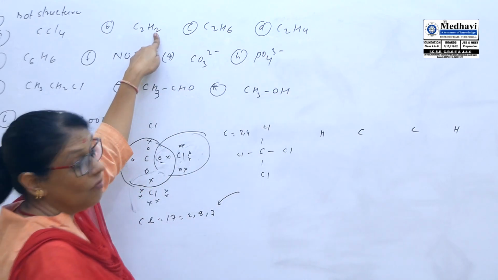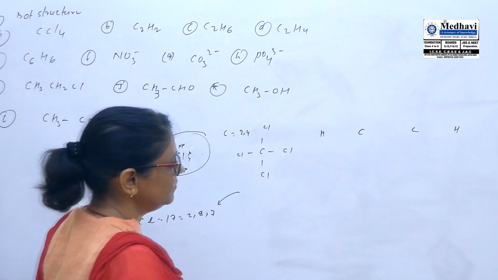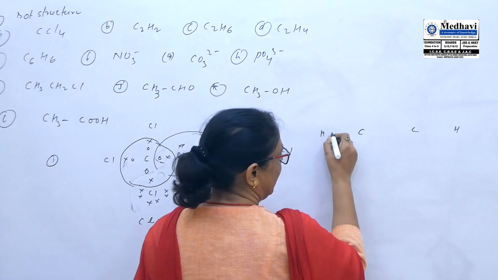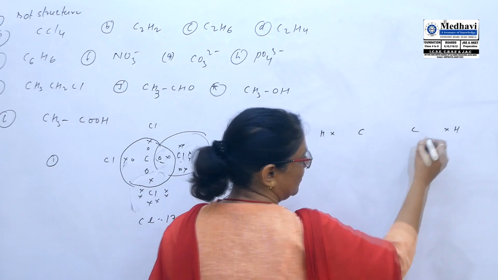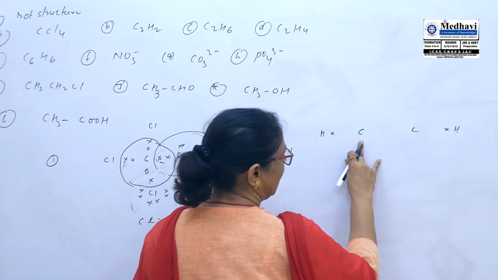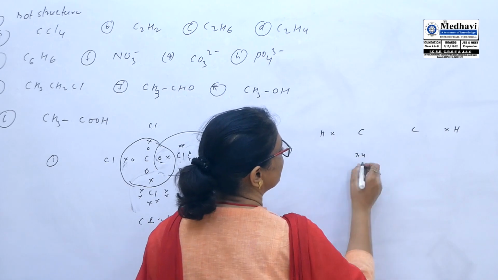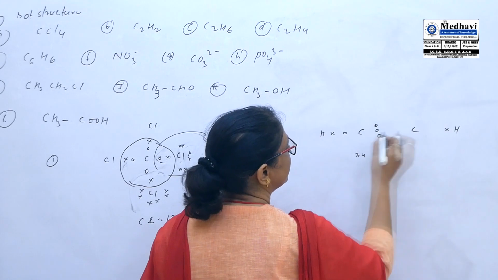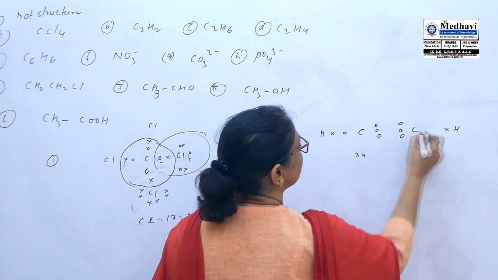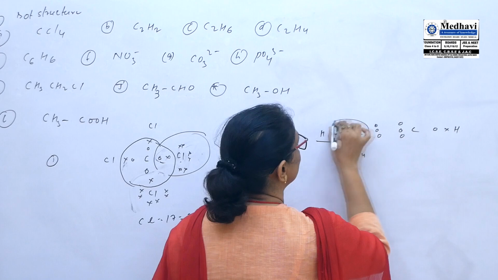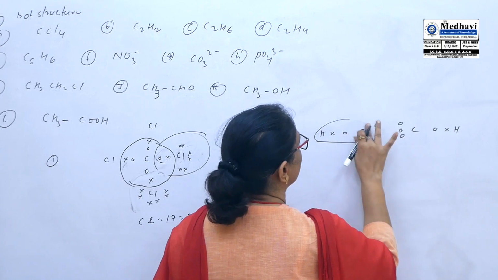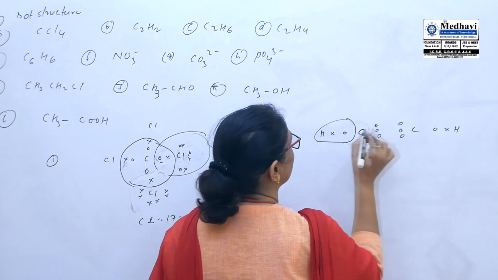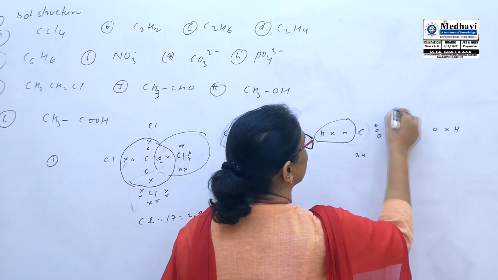With 2 hydrogens, 1 hydrogen goes with each carbon. Hydrogen has no option, it has only 1 electron. This carbon has 4 valence electrons, so 1 will be here and the remaining 3 here. The other carbon also has the remaining 3 here, and 1 here. So the duplet of hydrogen has been fulfilled, and the octet of carbon.